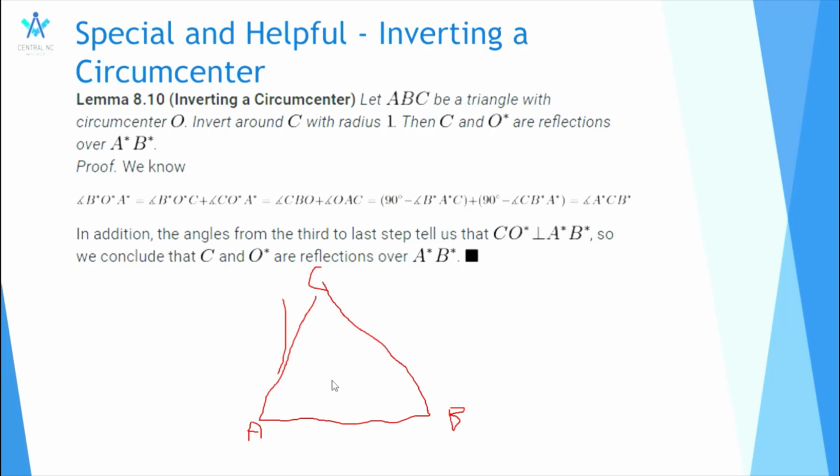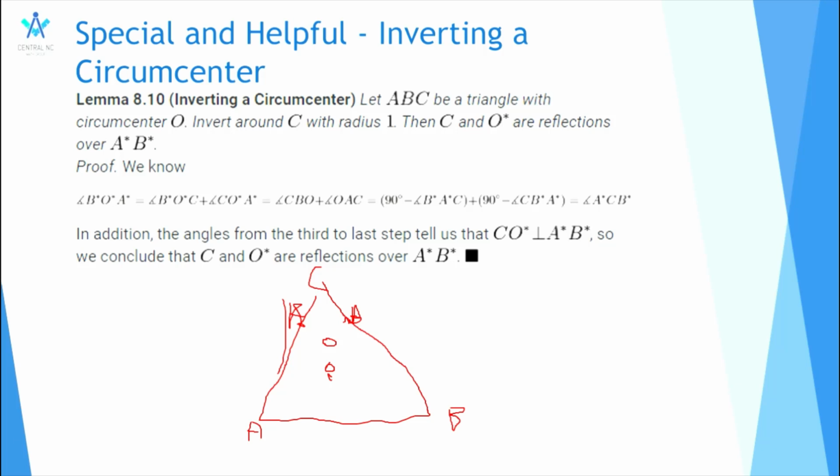O here, that's O. We're going to draw B prime here, C prime here, say O prime here. Alright, we just use this angle chasing.